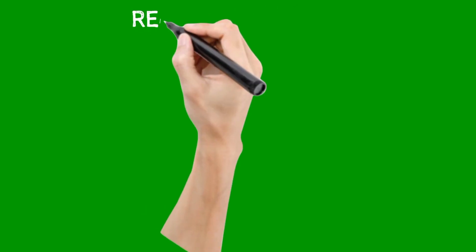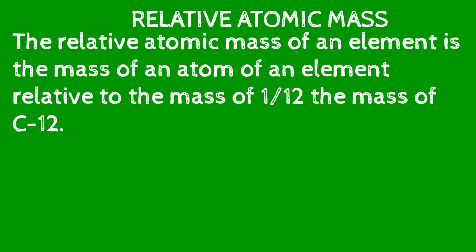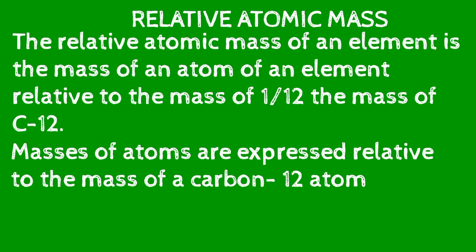Relative atomic mass. The relative atomic mass of an element is the mass of an atom of the element relative to 1/12 of the mass of carbon-12. It means that masses of atoms are expressed relative to the mass of the carbon-12 atom. One atom of carbon-12 is equal to 12 units.